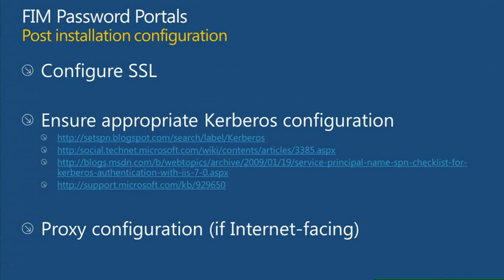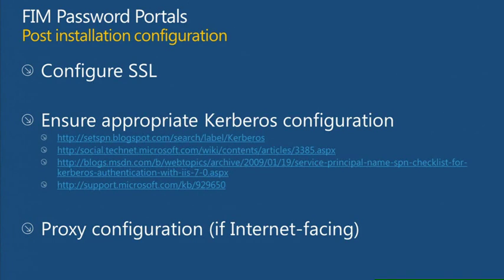The next thing you'll want to do is set up Kerberos. I could spend an entire hour on Kerberos, but I won't. Instead, I've just put a couple links on here. You'll get the slides afterwards. I strongly recommend that when you're going through this configuration, you understand all about setSPN and the need for Kerberos settings.